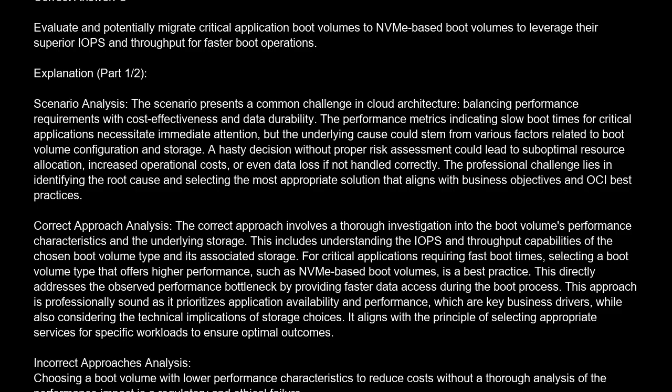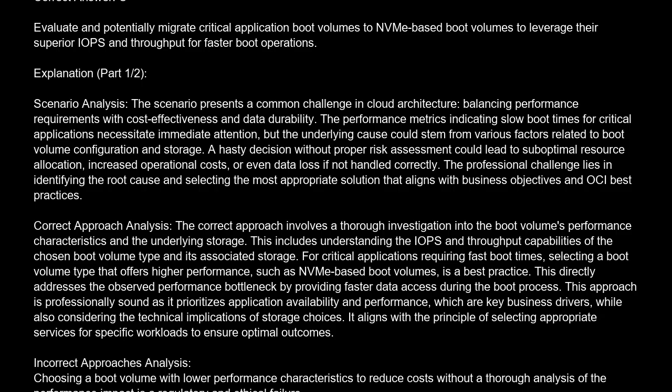Correct approach analysis. The correct approach involves a thorough investigation into the boot volume's performance characteristics and the underlying storage. This includes understanding the IOPS and throughput capabilities of the chosen boot volume type and its associated storage. For critical applications requiring fast boot times, selecting a boot volume type that offers higher performance, such as NVMe-based boot volumes, is a best practice.